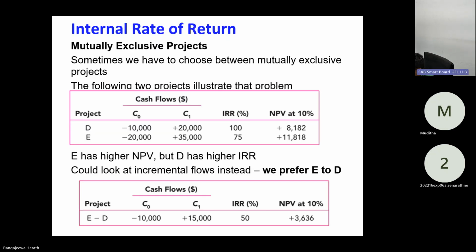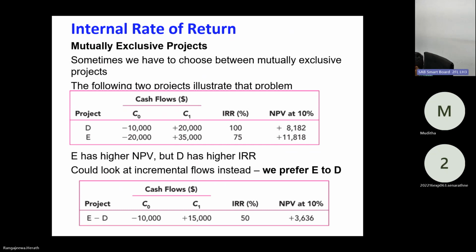But here you compare two project NPVs, 8 million and 11 million. So you cannot take the decision by looking at E because E is higher. Because initial cash outflow is different.